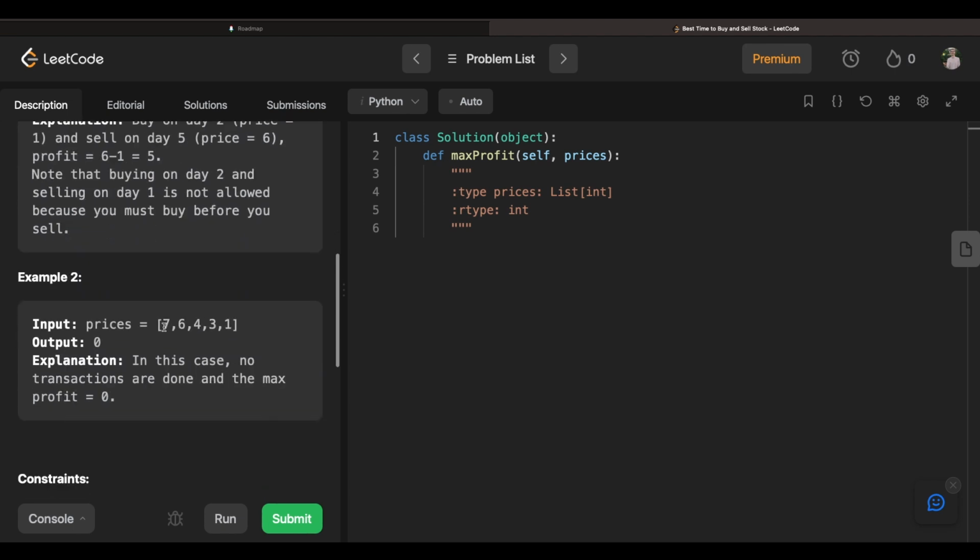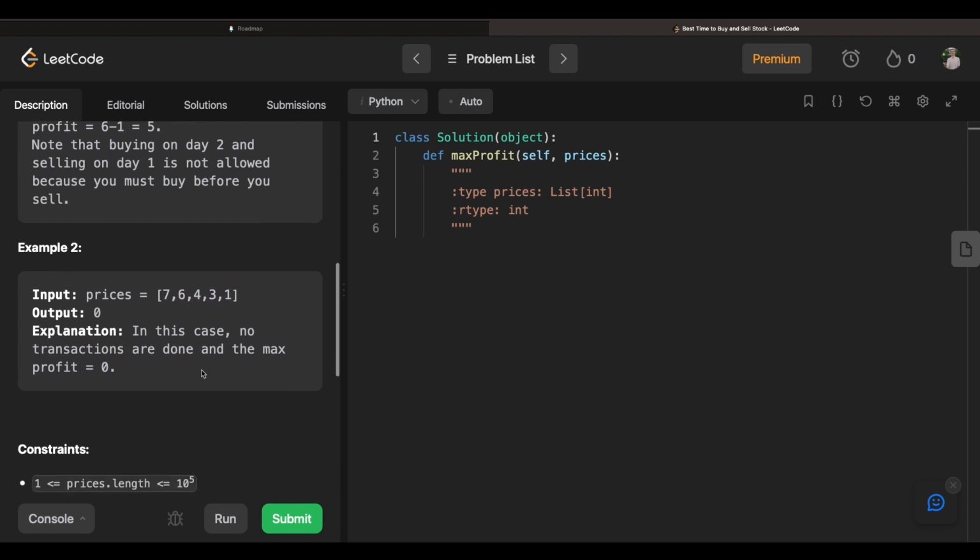And then here, if you notice, every value in this array is decreasing. Every value is strictly less than its previous value. So you can't possibly make a profit because no matter when you buy it, you'll always be selling it for a loss. So 0 is kind of like don't buy anything.